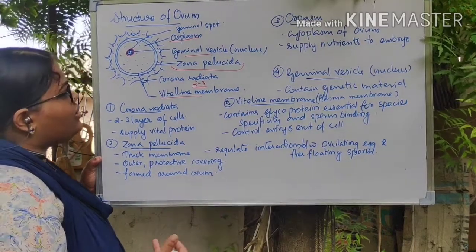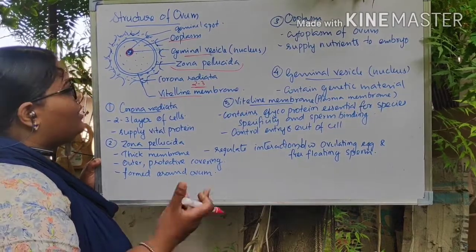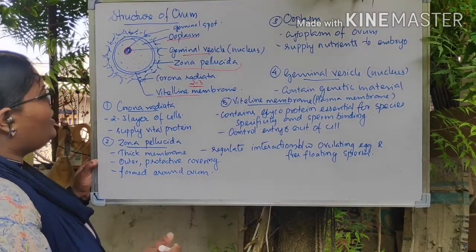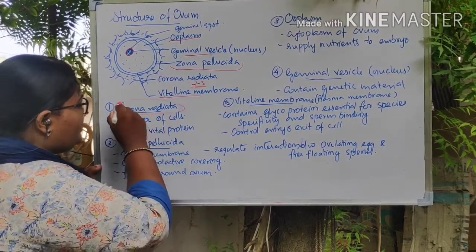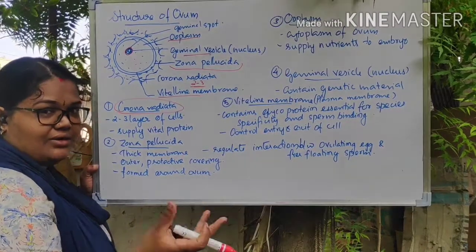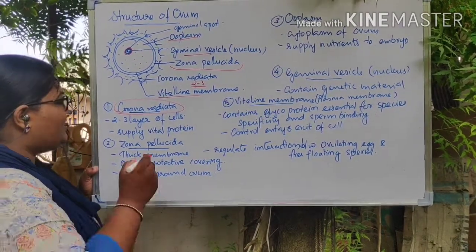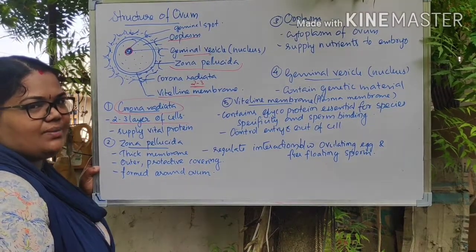This also gives protection, and it controls the entry and exit of cells. Each and every part, we are going from outer to inward. First is the corona radiata. This is not the corona disease of these days; corona radiata is a layer. Here you can see there will be 2 to 3 layers of cells.